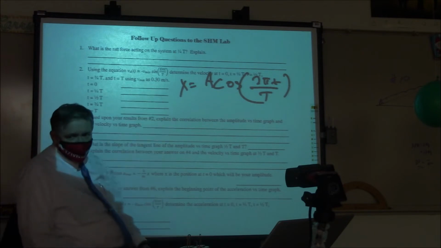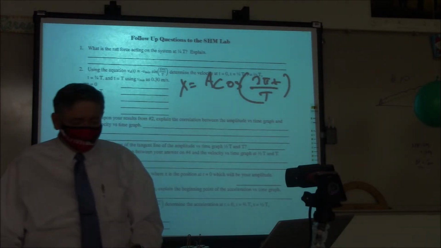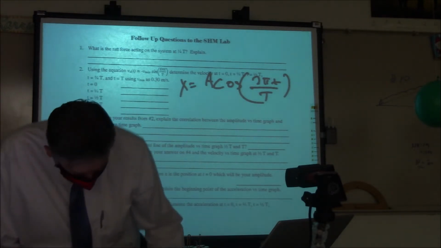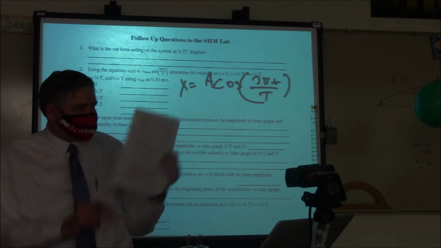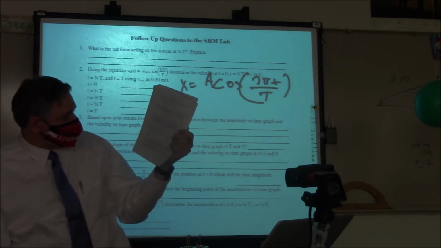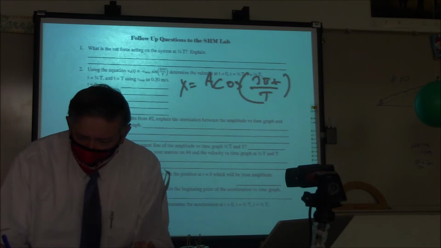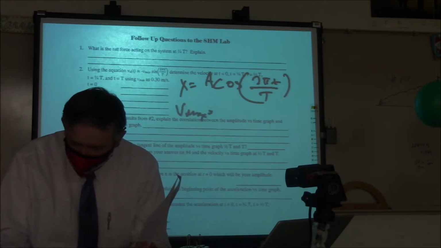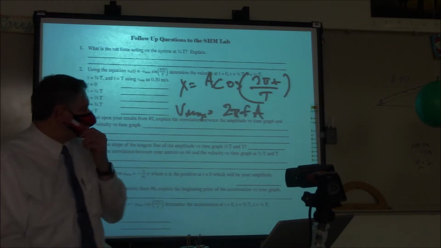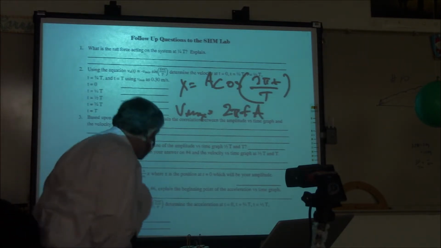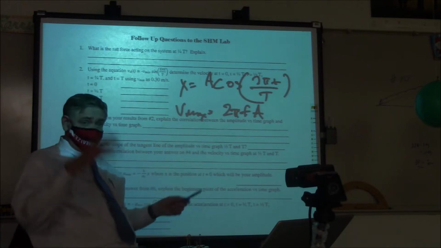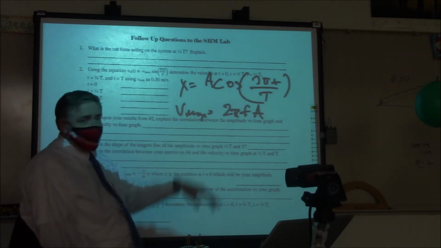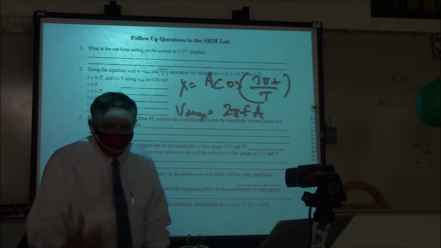Now, here's the deal. You've got to figure out, and this is what you already know from the previous page, on question number 10, you all used V max equals 2 pi f A. Sometimes you'll see this written, as I talked about earlier, with 2 pi f being the same thing as omega.